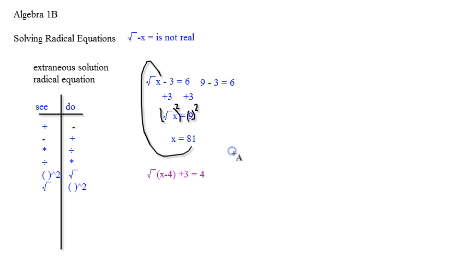There we go. Alright, so this one is a little bit interesting. Once again, whenever we're working on this type of stuff, you're going to get rid of the stuff outside, because you always do addition and subtraction first. Okay, so this is going to turn into the square root of x minus 4 equals 1.